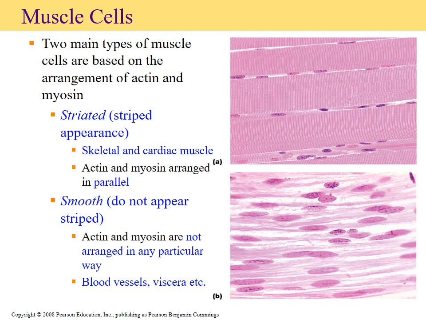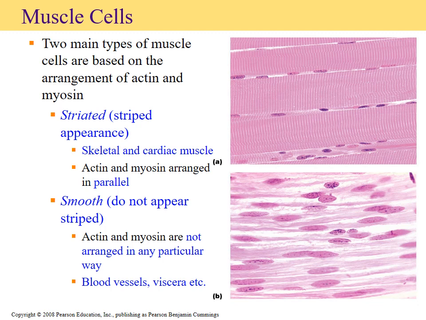Now, I wanted to show you these pictures right here because these are some histology pictures of striated and non-striated muscle. Hopefully some of you have seen these pictures before in previous classes that you have taken, and if you haven't, it's not a big deal. Basically, from a histology point of view, when we look at muscles, they're classified as striated or non-striated.